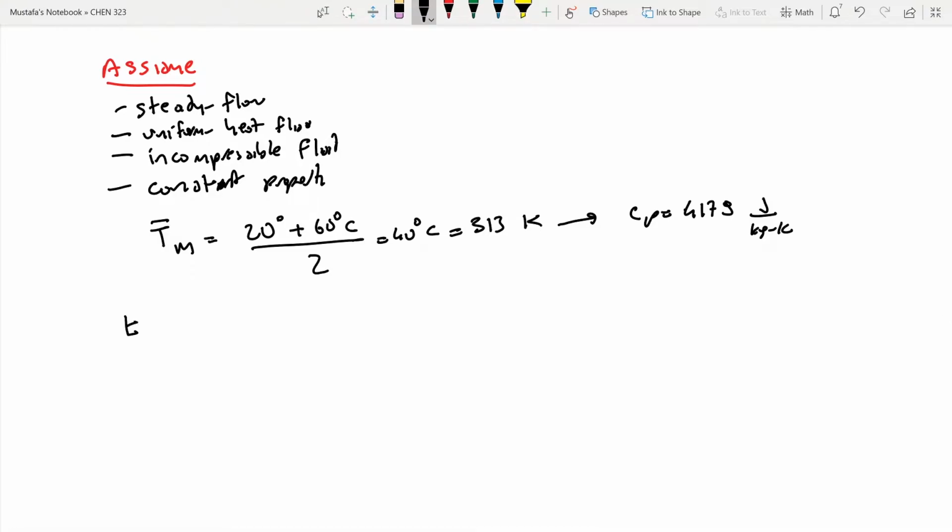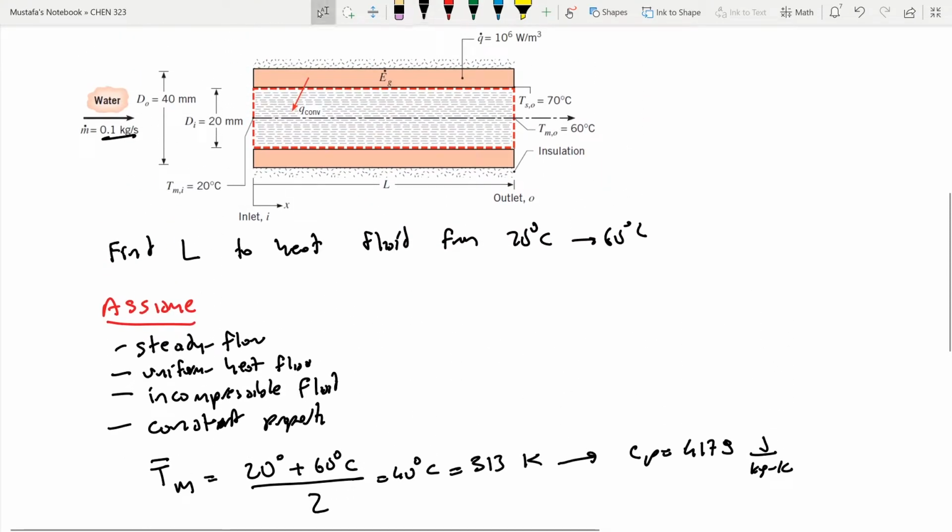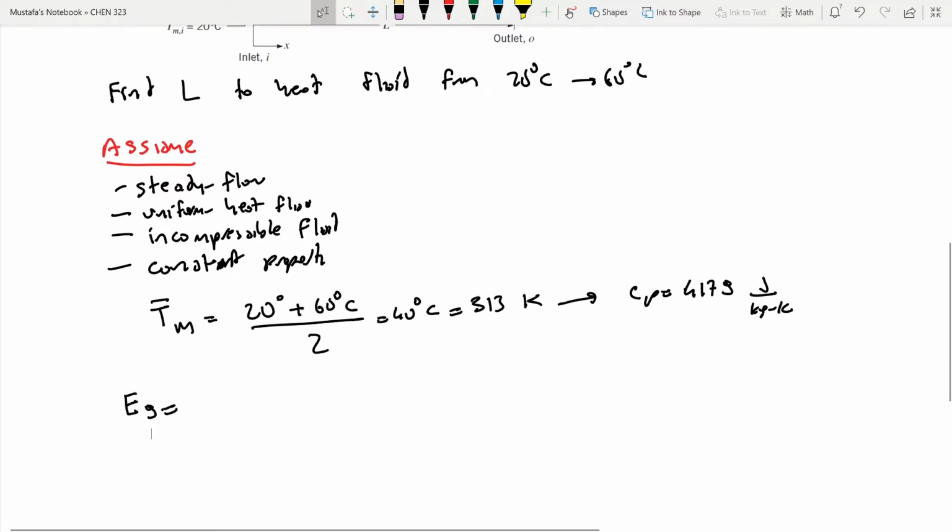So total energy generated within the system is energy generation rate multiplied by the volume where we have the energy generation. That is the peach color here, the volume of the energy generation. If you multiply that by Q dot, we get the total energy generation.